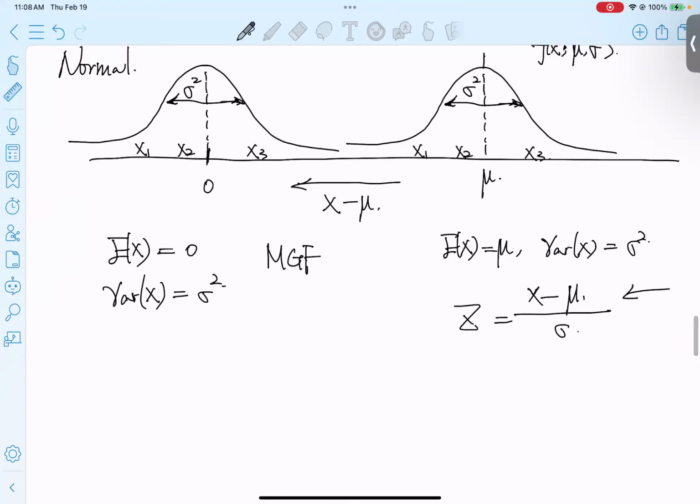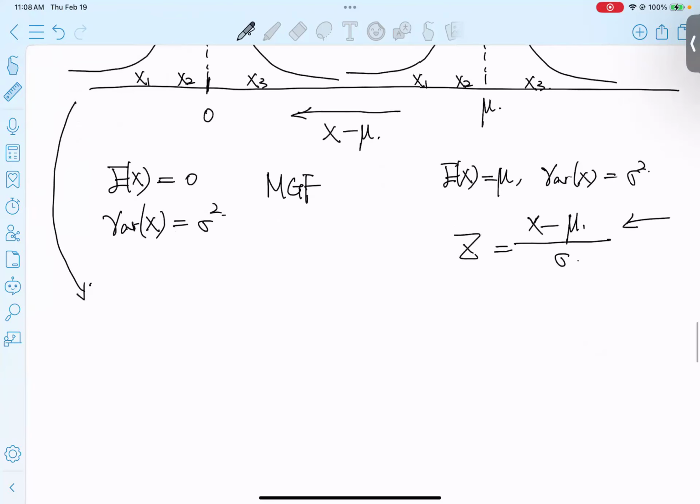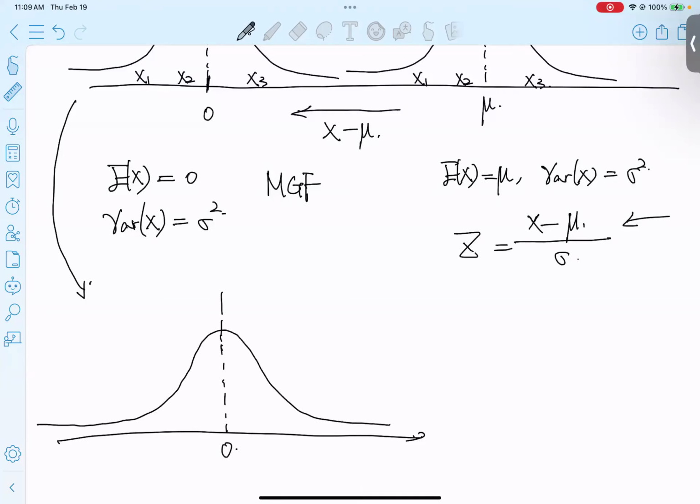Now let's handle the denominator part. Later I will talk about why this transformation is very important in your calculations in the normal case. So when you further scale by the standard deviation, the variability of your random phenomenon here, you will still have a normal.